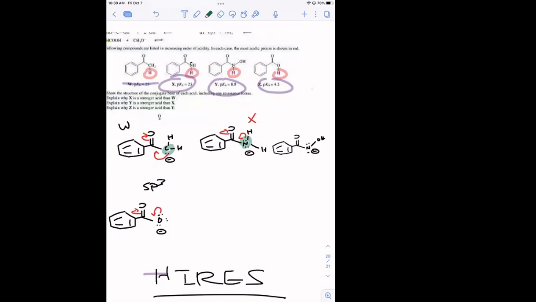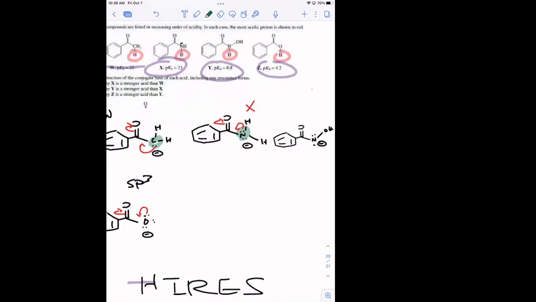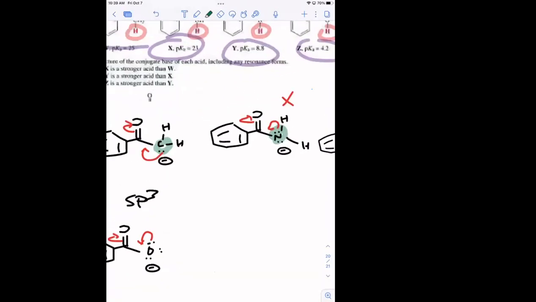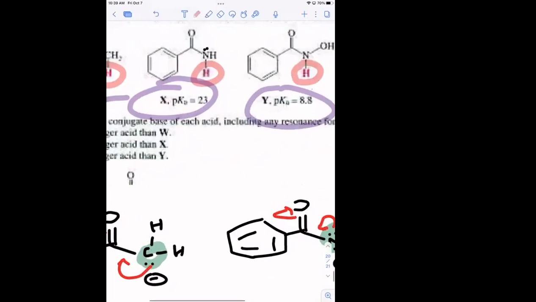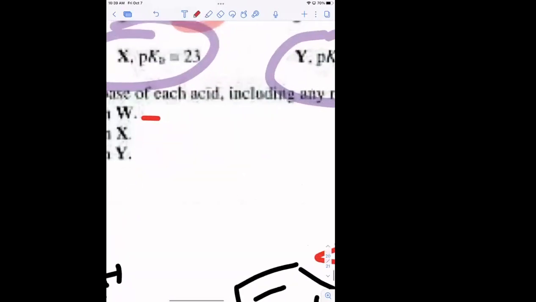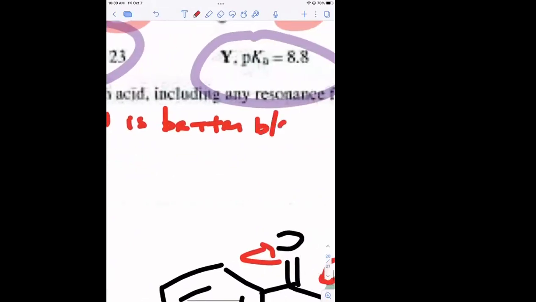All right, so for X and W, X is better. Because how do we say that? The conjugate base is stabilized by what?